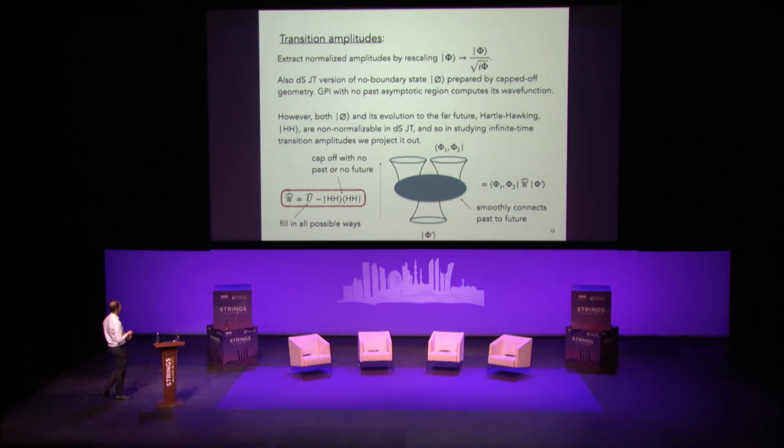Now, this no boundary state and its evolved version in the far future in de Sitter JT happens to be non-normalizable. And this is different than other settings. So for instance, this is the computation I have in mind here. The norm of the state, to leading order in the genus expansion, is the sphere partition function of JT, which diverges at one loop.